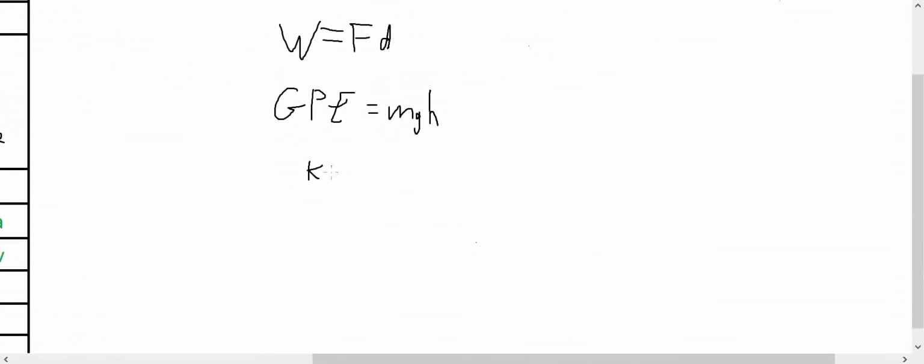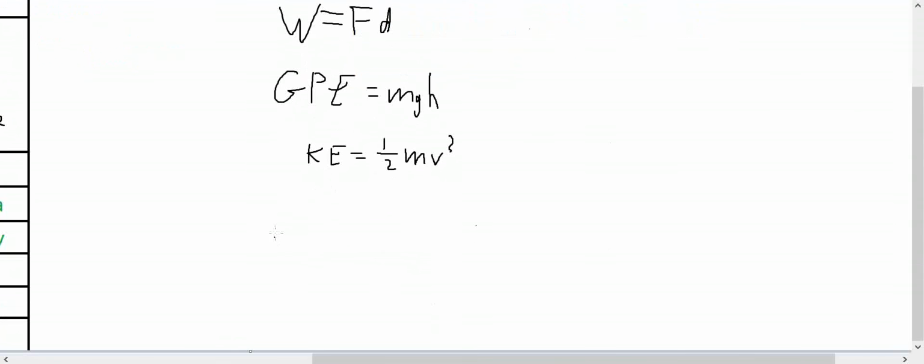KE equals half mv squared, and power equals work done over time, equals energy over time, equals force times velocity. There's one more about efficiency, but we don't need that.